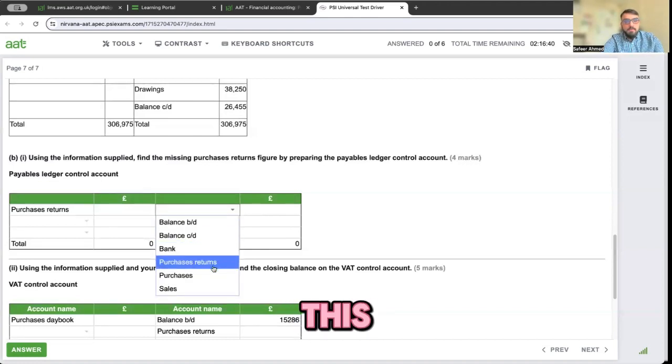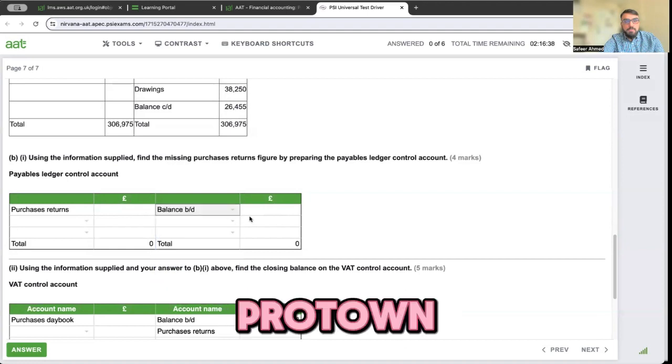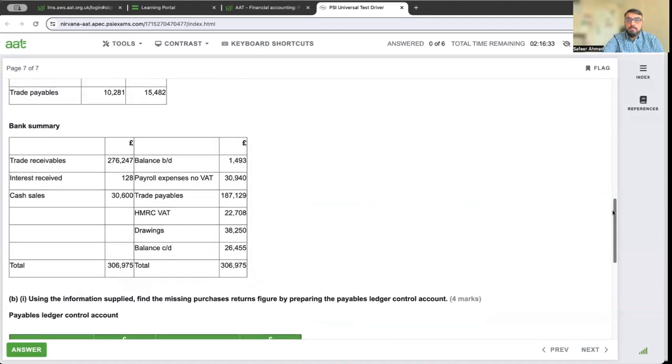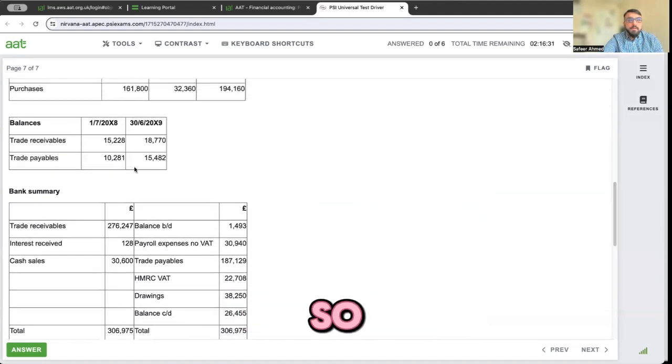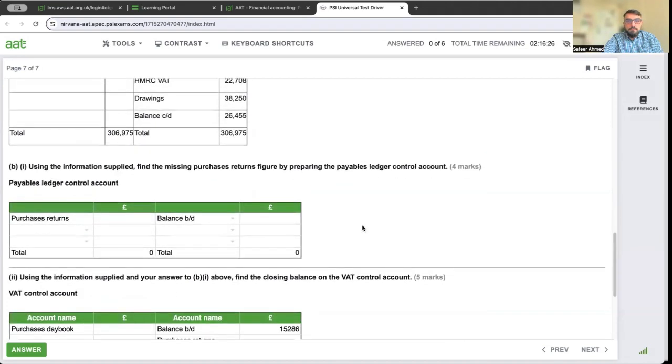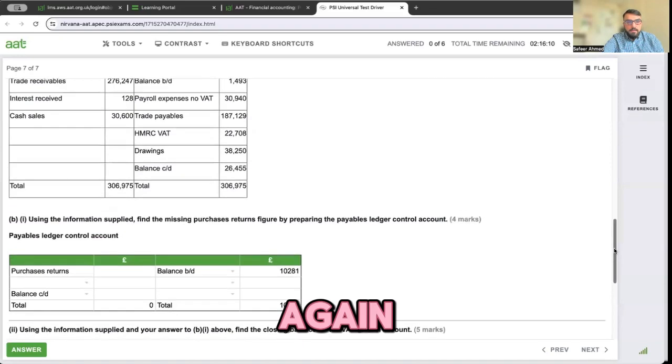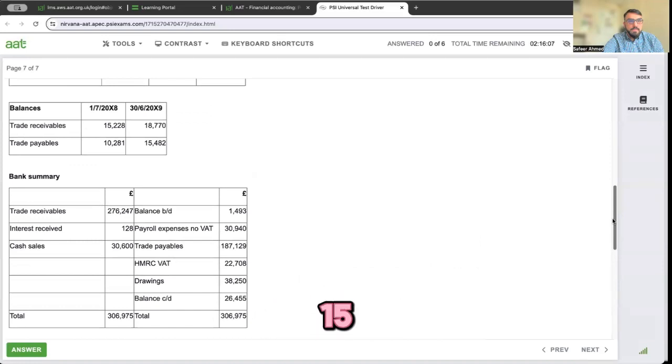So this will be your balance brought down, and that's the opening balance. As you can see, that's 10,281. And we've been given the closing balance as well, which is, remember, on the other side. This will be your balance carried down. And again, the amount is given to us, which is 15,482.